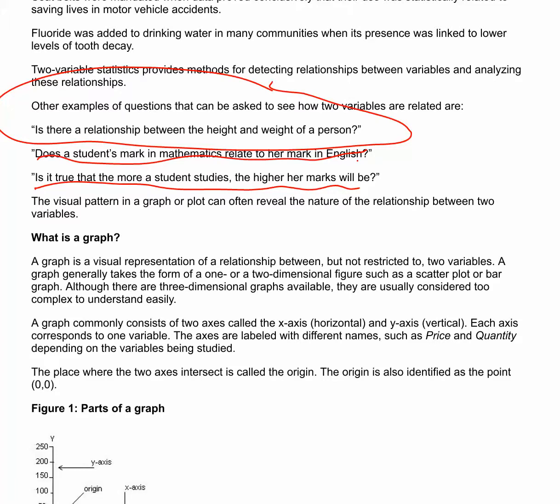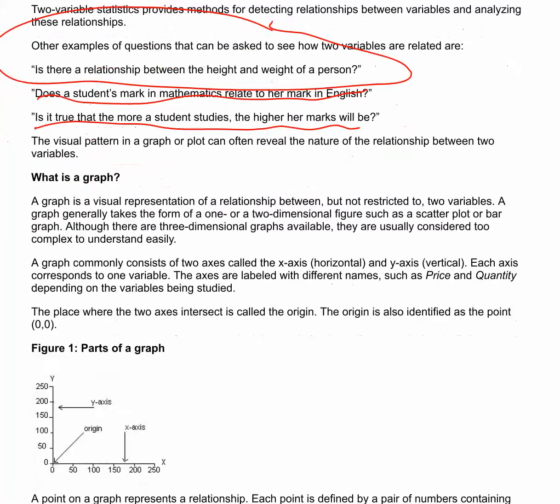The next part that we talk about is graphs, and luckily we talked about some of this in the first lesson, I believe, when I was talking about graphing lingo. So we're going to look at the different parts of a graph. Right here we have the y-axis, the x-axis, and what's called the origin, which is this part right there where there's a 0 and a 0.